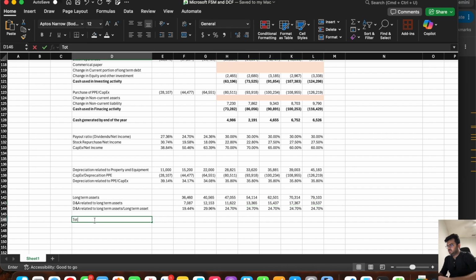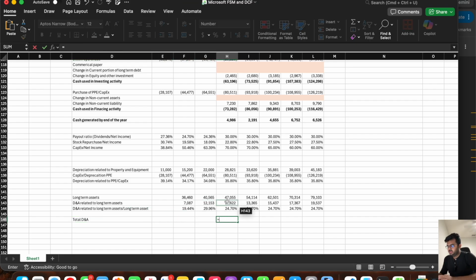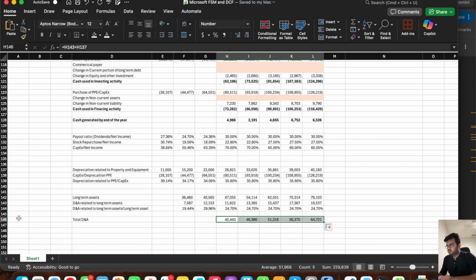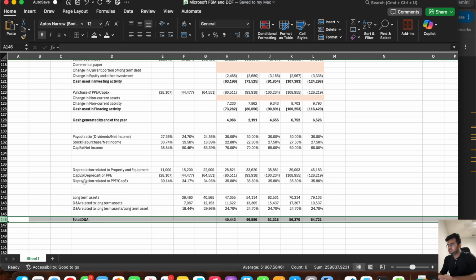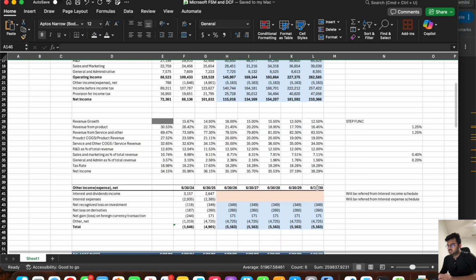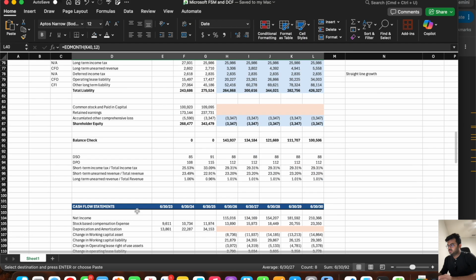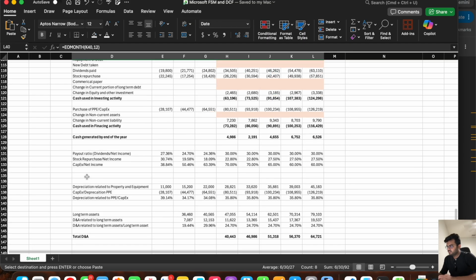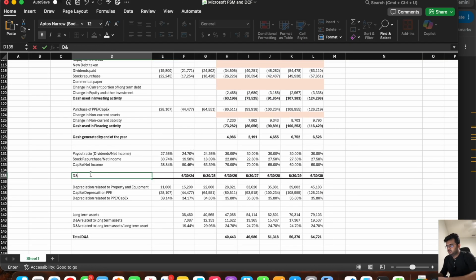Now we can calculate total D&A, which is nothing but D&A not related to this plus D&A related to this. That's it. So now we got the first missing piece in the cash flow statement. Might be I will just put this as well so we know what we are doing here. This is D&A schedule.